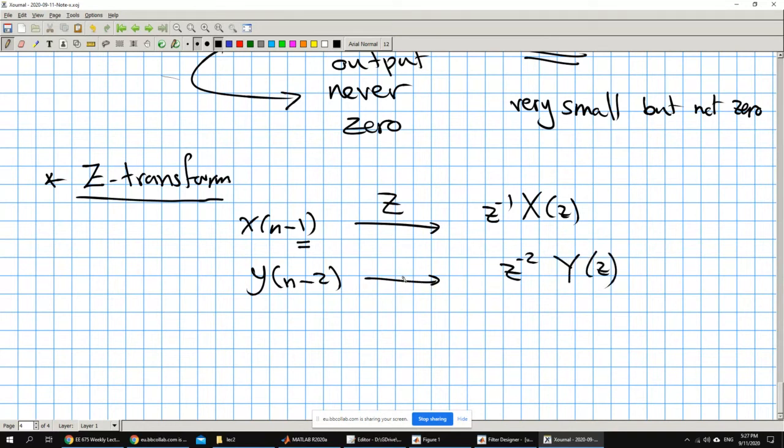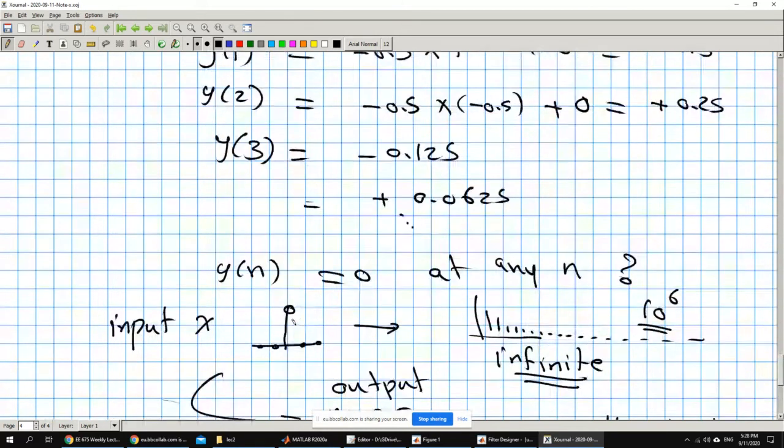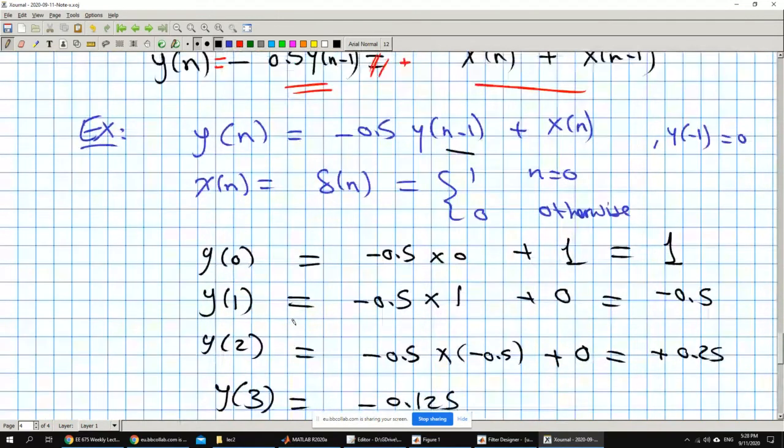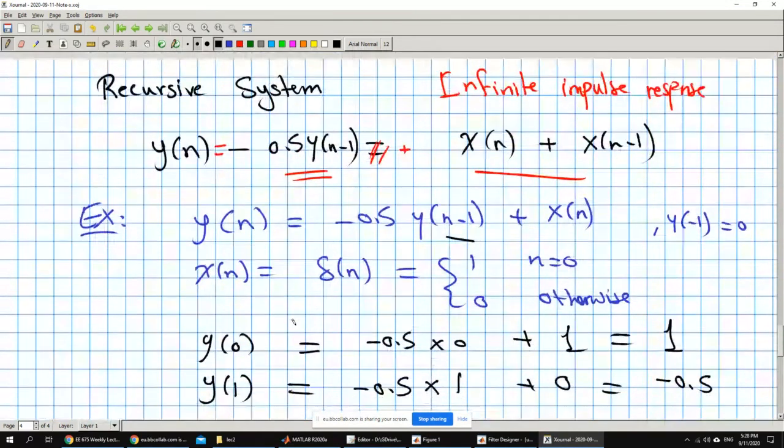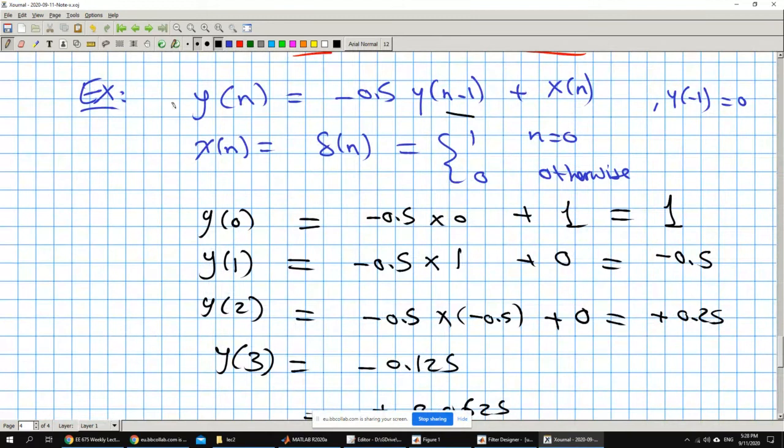So basically, this will make things a little bit easier so that we can describe the system in terms of what's called the transfer function. And this transfer function is what is estimated by the actual filter design function. Let's take the same equation that we talked about above and see how it looks in the Z transform.